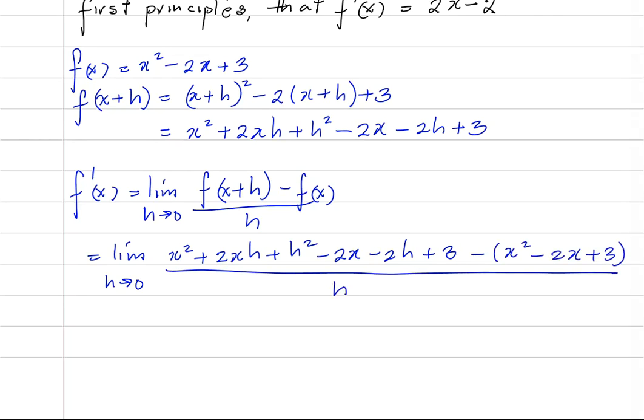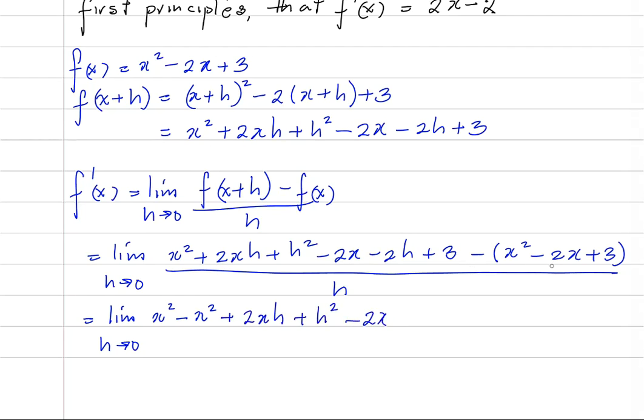All right, so we can see when we apply distributive law to the right, you're going to have x squared minus x squared. So let's spell it out. So this is the limit as h approaches 0 of x squared minus the x squared to the right, plus 2xh, there's no other term, plus h squared, minus 2x to the right.